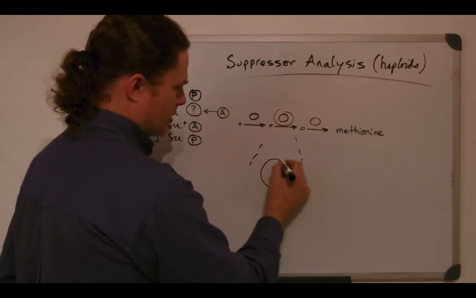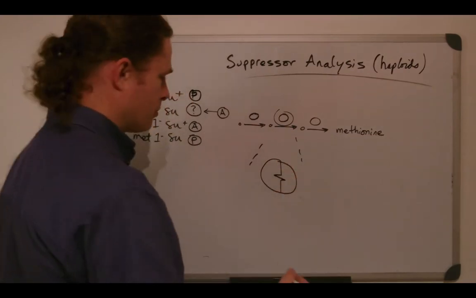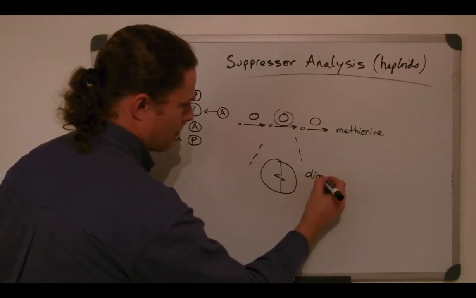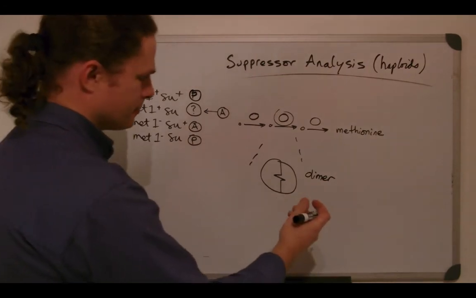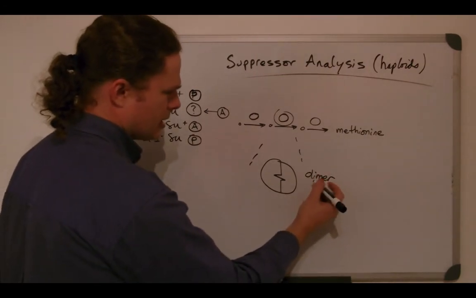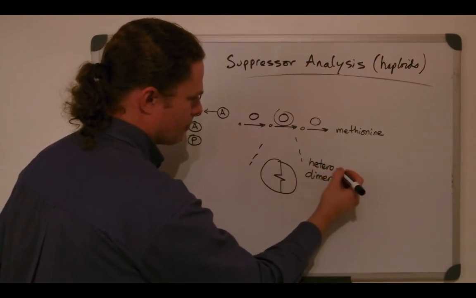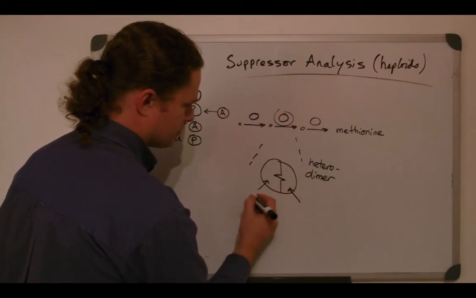It may well be that this enzyme is actually composed of two interlocking proteins that form a dimer. A dimer just means a pair of two proteins acting together in this context. And this is a heterodimer if in fact these proteins come from different loci.